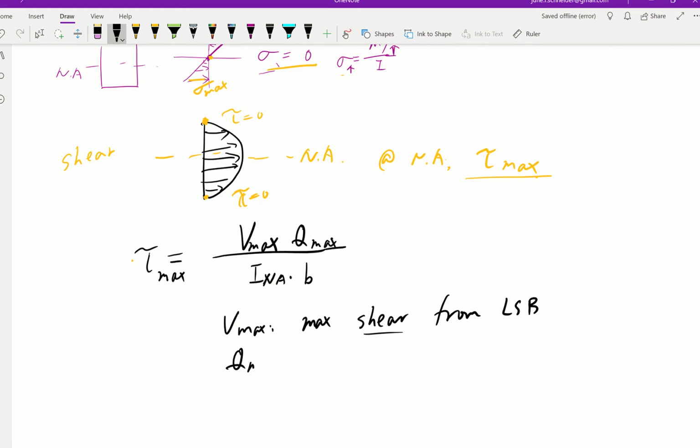So what's our Q max? Q is the moment of area, and I'm going to write it down: moment of area out from the point of interest.